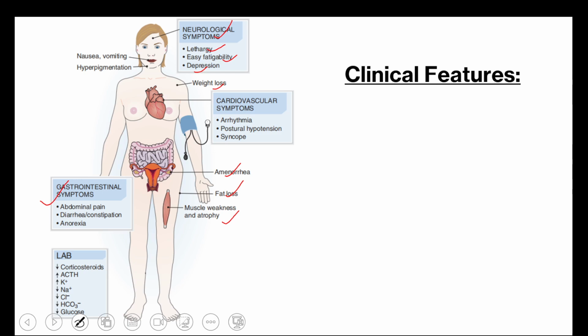Similarly, the lab investigations show decreased corticosteroid, and ACTH level is increased, and we can see hyperkalemia. Similarly, there is reduced sodium retention, because in the previous slide we saw that autoantibodies against steroidogenic cells, which produce 21-hydroxylase and 17-hydroxylase, might be destroyed, and when these steroidogenic enzymes get disrupted, that results in reduced formation of aldosterone.